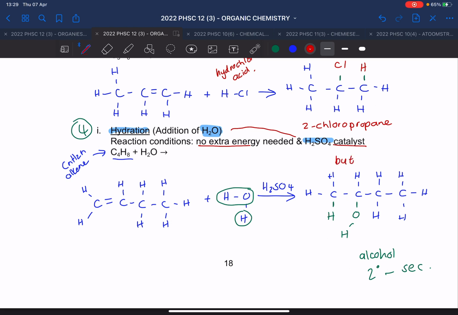It's A. The E is not correct. Yes, butane. Because it's only single bonds, it's butane, and then you must say where. Butan-2-ol. Butanol.